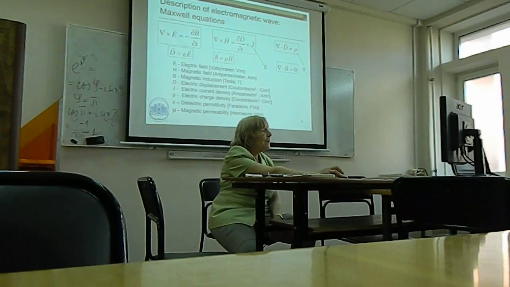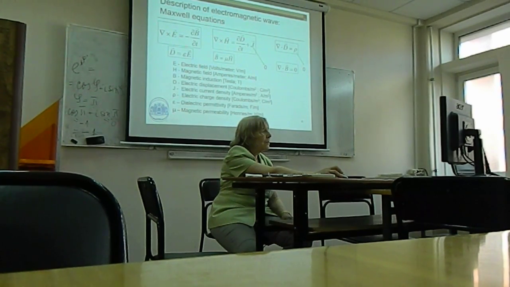This is magnetic induction, B. T is time. So this is derivative with respect to time, first derivative, of this parameter, magnetic induction. This equation corresponds to curl applied to H, magnetic field.